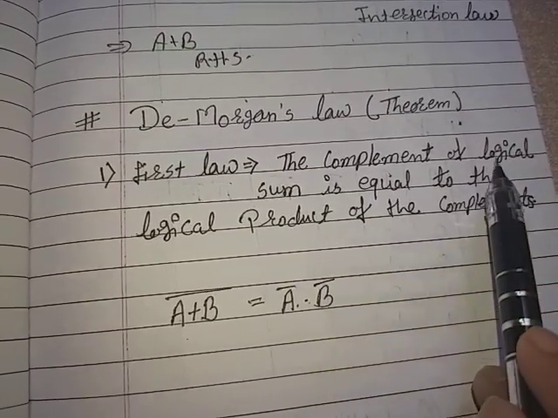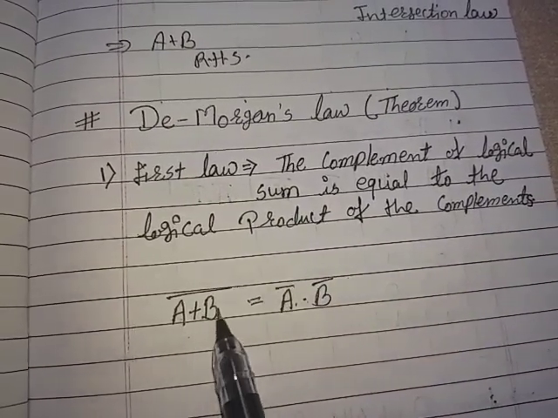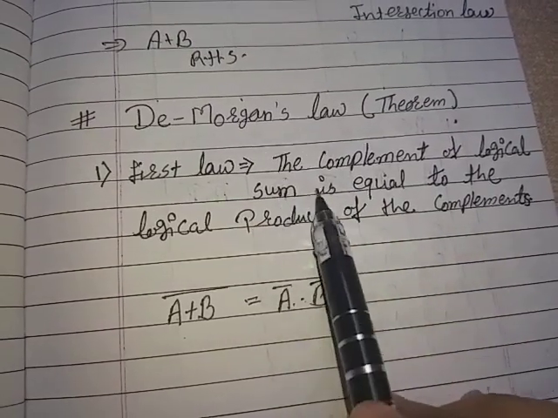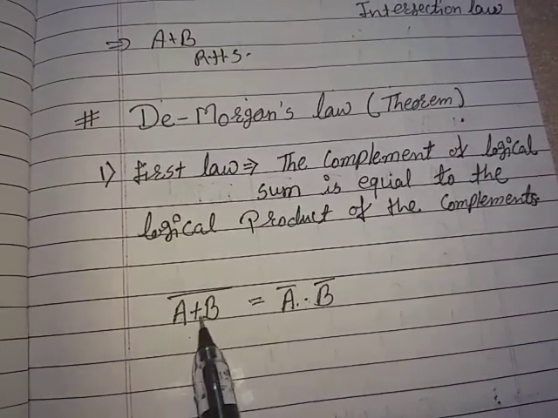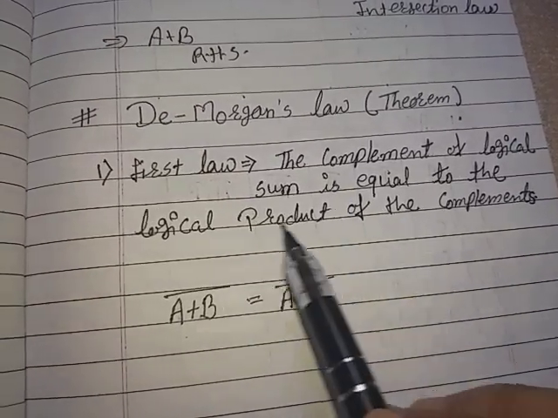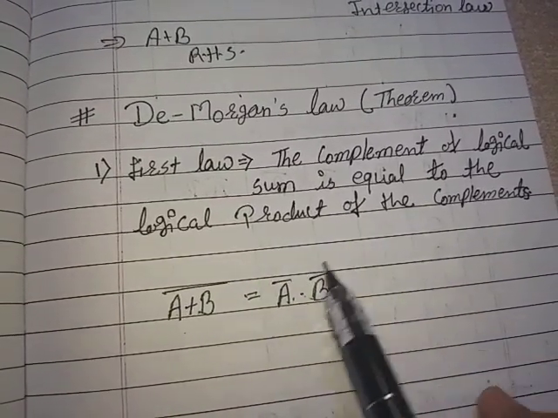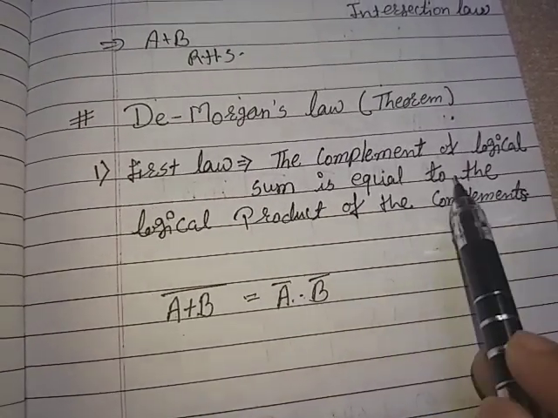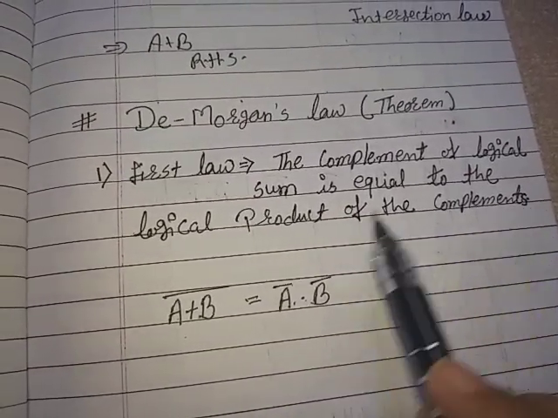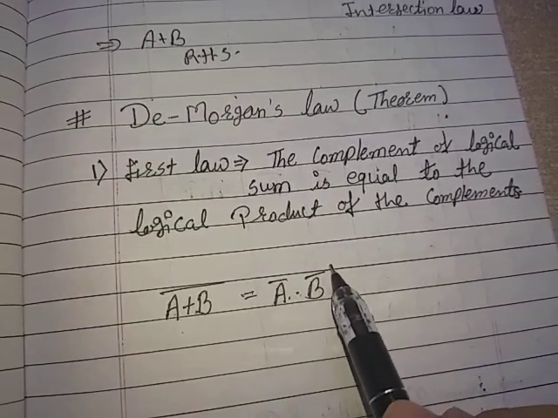Here it is, logical sum A plus B, the complement of logical sum. So (A plus B) to the whole bar, or complement of A plus B, is equal to logical product A dot B, the logical product of the complements. Here they are plurals, so A bar dot B bar.